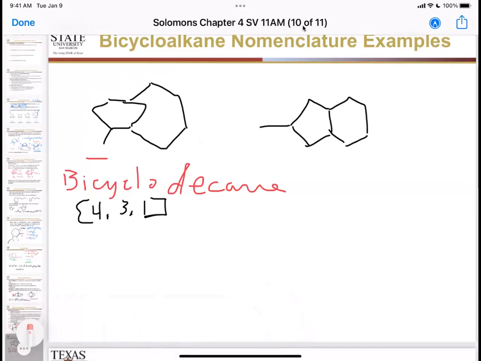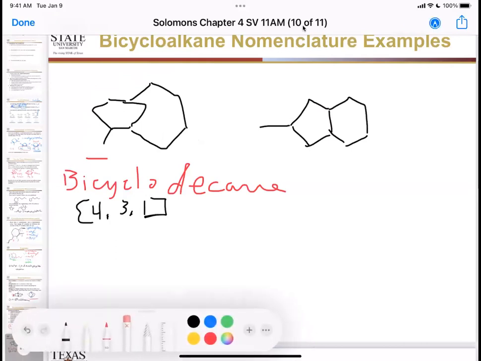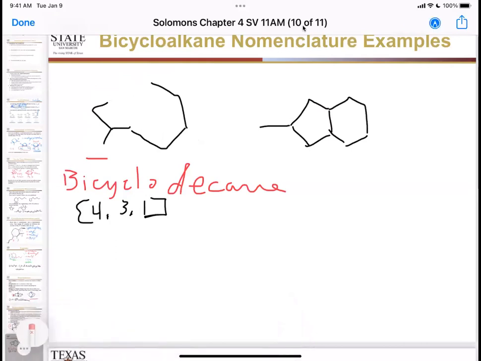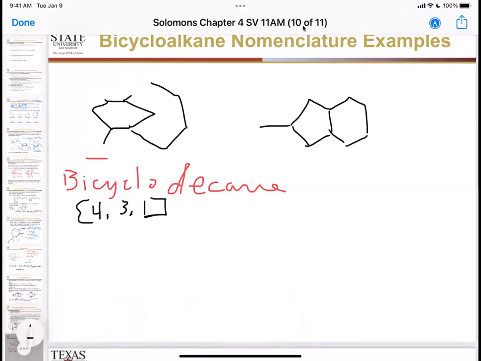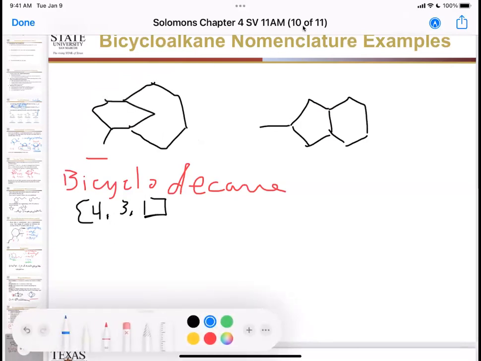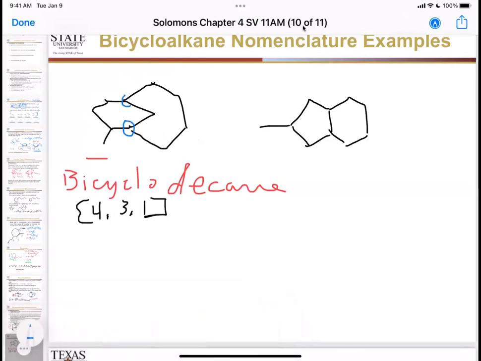But when we name bicyclo compounds, we start with the largest ring first from a bridgehead carbon. So when we number this, we have to go starting from this bridgehead carbon or this bridgehead carbon. Okay, so if we're starting to number from those bridgehead carbons, we have to go around the largest one first because the largest number comes first.